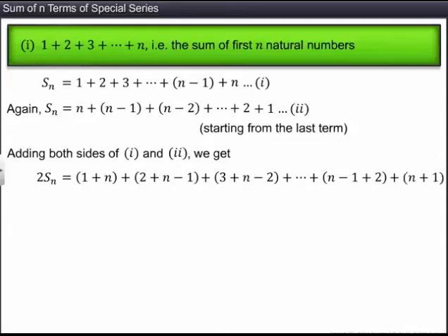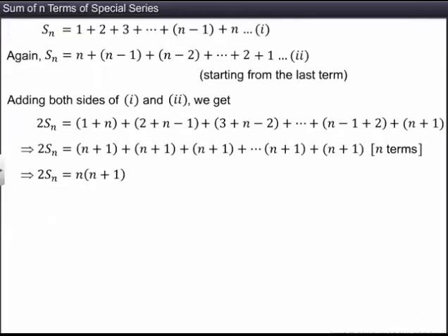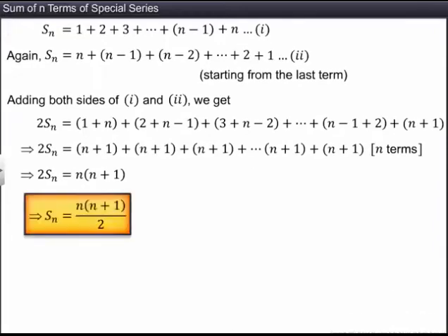This implies 2 times Sn is equal to (n plus 1) plus (n plus 1) plus so on, n times, or 2 times Sn is equal to n into (n plus 1). This implies Sn is equal to n into (n plus 1) whole divided by 2.